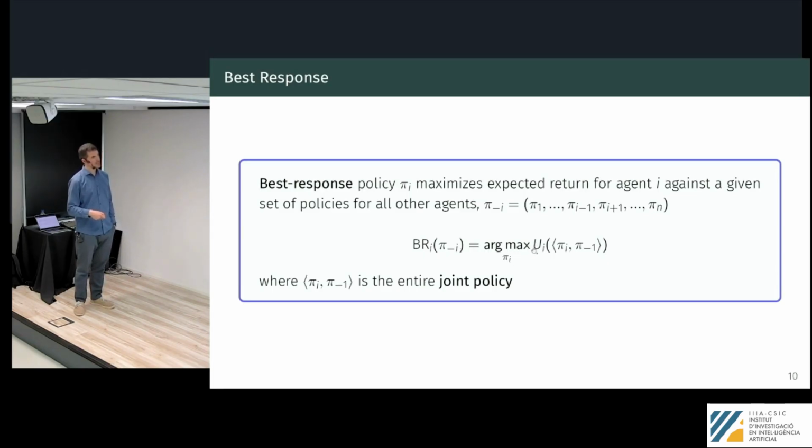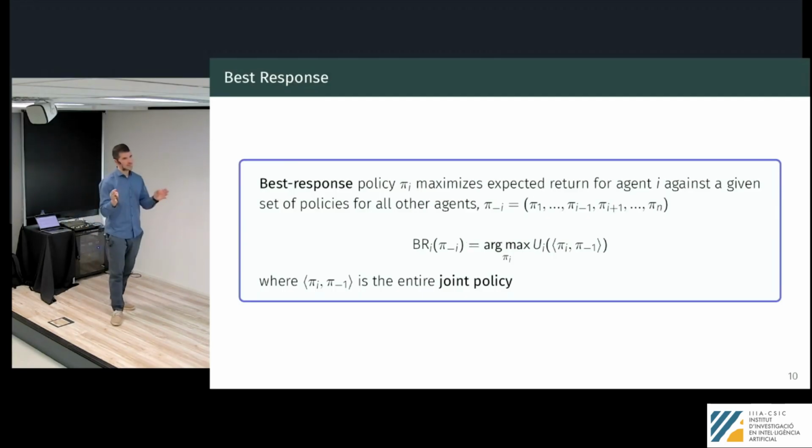So see here, that's what we now use for the first time, our definition of expected return. This could either be the definition for the history-based expected return or the recursive expected return. It doesn't actually matter which one you plug in here. It also doesn't matter if you didn't fully grasp the details. Simply imagine this is the expected return for agent I, and the best response gives you an optimal policy against these particular opponents. Okay?